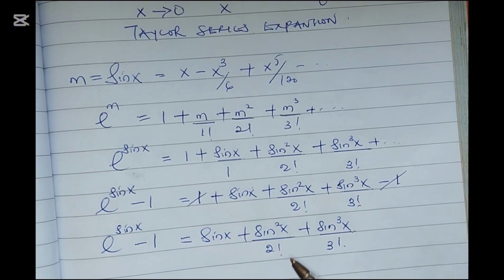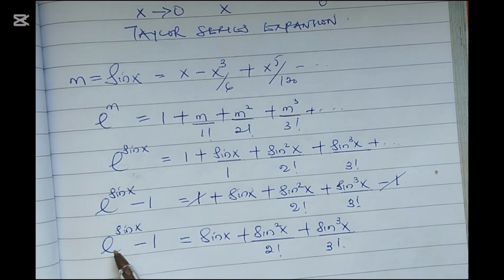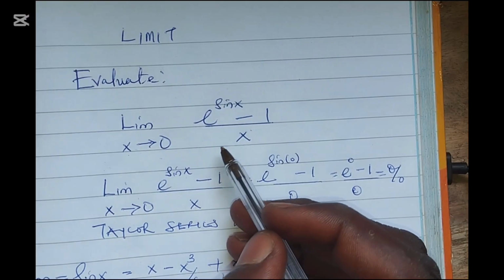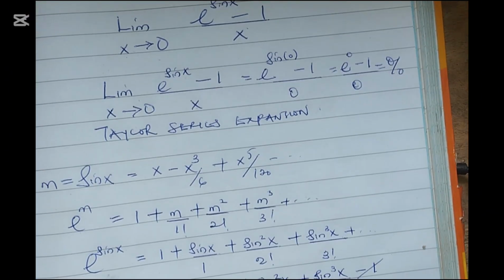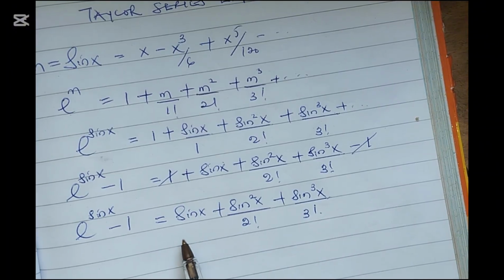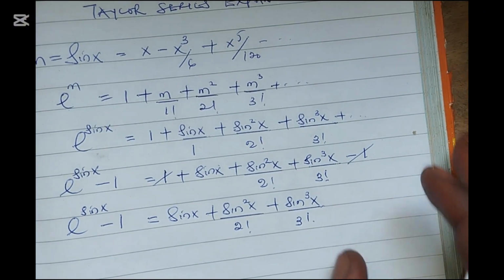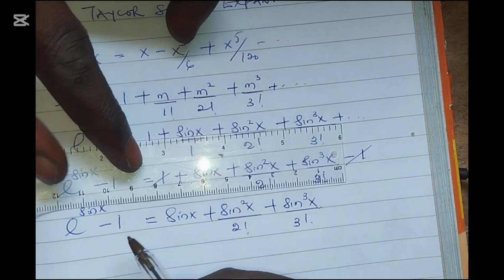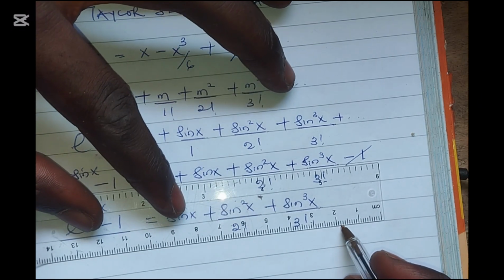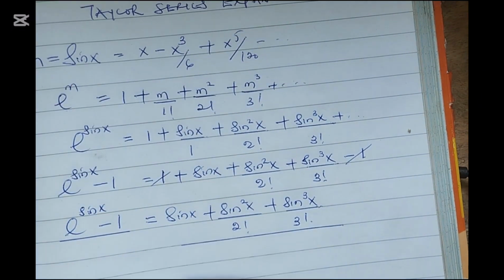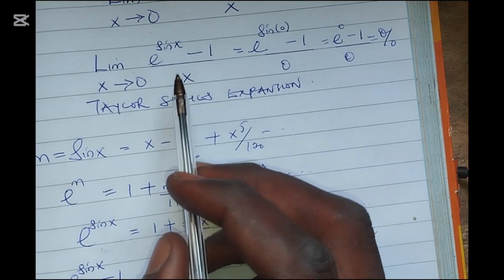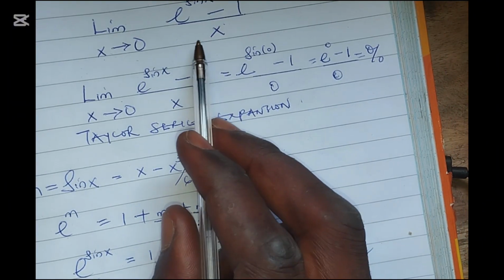So what else are we supposed to do? We are at e to the sine x minus 1, and we are supposed to be at the question. All we have to do is divide both sides by x. Dividing both sides by x will bring us to our question itself.